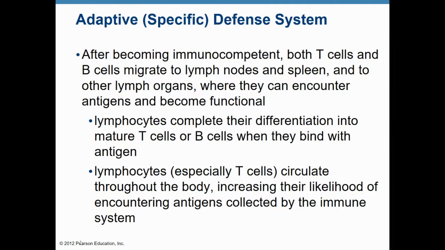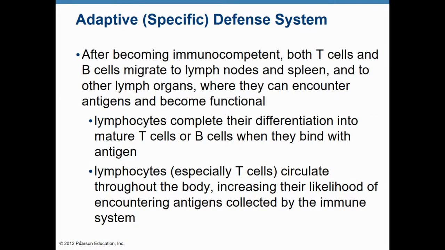So the Peyer's patches and tonsils and the appendix, they spread out and go into our lymphatic tissues where they can encounter their antigen and become functional. So lymphocytes complete their differentiation into a mature T or B cell when they bind to their specific antigen.